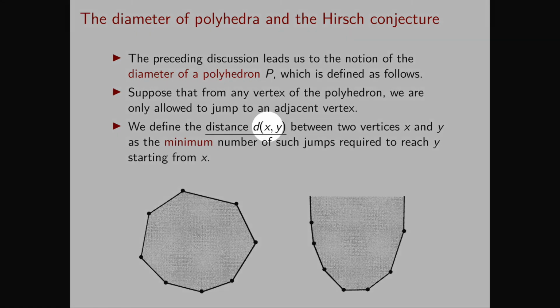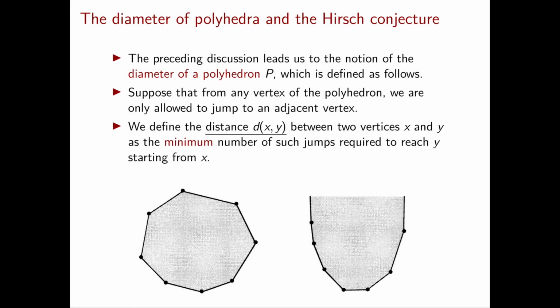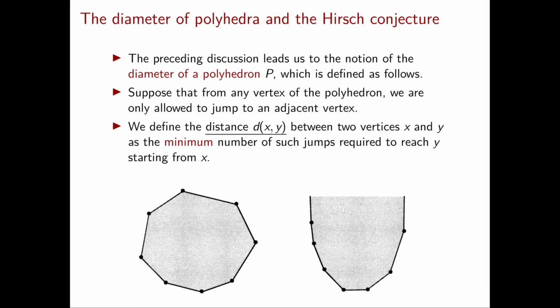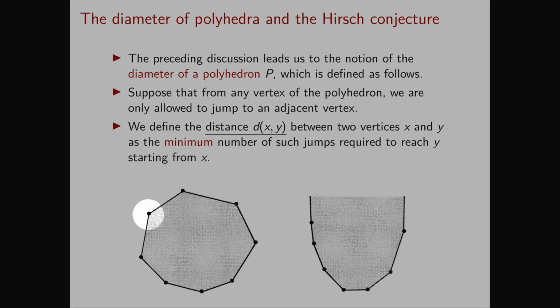This distance is denoted by d(x,y), and it is the minimum number of jumps required to reach y starting from x. For example, if this is our vertex x and this is our vertex y, then the distance will be 2, because to go from x to y we only need 2 jumps, namely, this is the first jump and then the second jump.